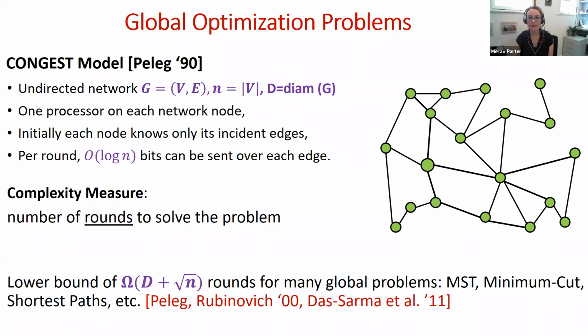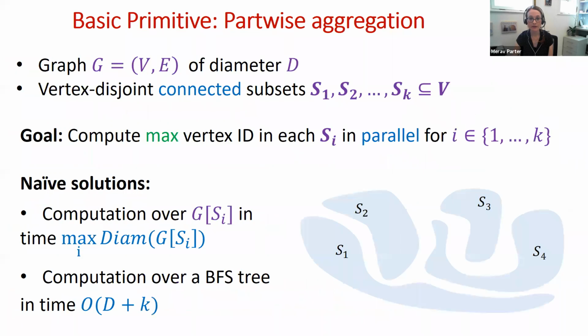In order to study that, Ghaffari and Haeupler observed that the key computational task that has to be solved in many of these network optimization problems is what we call partwise aggregation. In this problem, we are given a collection of vertex subsets S1 to Sk.